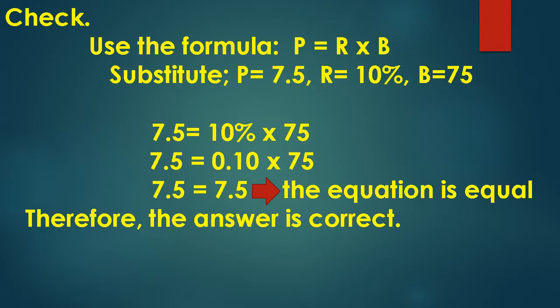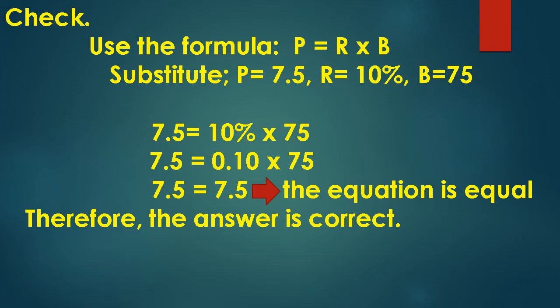Alright, next we are going to check the answer. Once again, use the formula P is equal to R times B. Substitute. P is equal to 7 and 5/10. R is equal to 10%. And B is equal to 75. So the percentage, or the P, 7.5 is equal to 10% times 75.